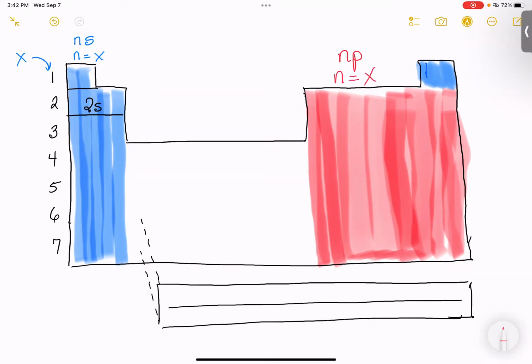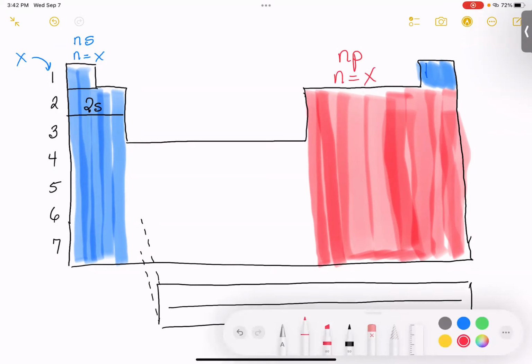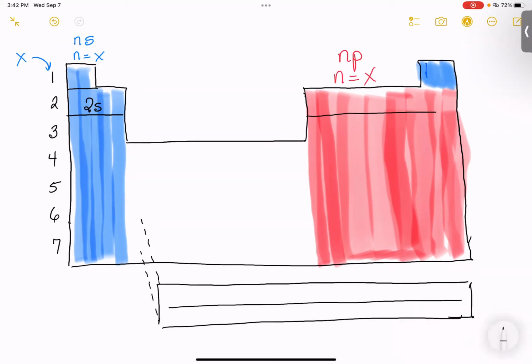In other words, it's equal to the period number. So if you are talking about boron all the way through neon, their last electron is going to be in the 2p's.